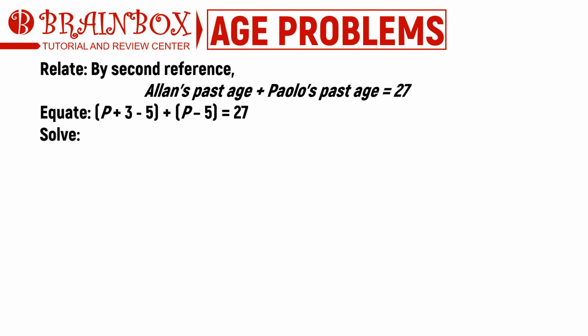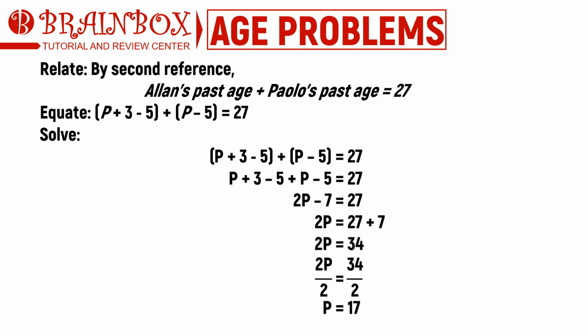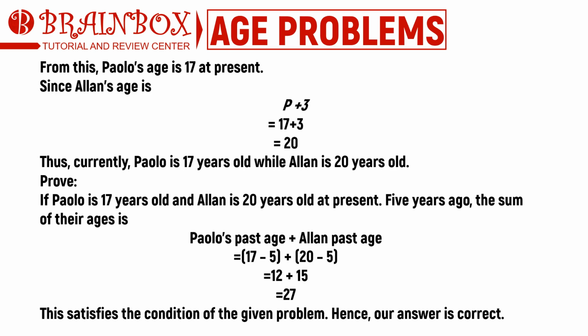We now move on to solving this equation. From here, we get the value of P equals 17. Since Alan's current age is P + 3, his age is 20. Thus, currently, Paolo is 17 years old while Alan is 20 years old.